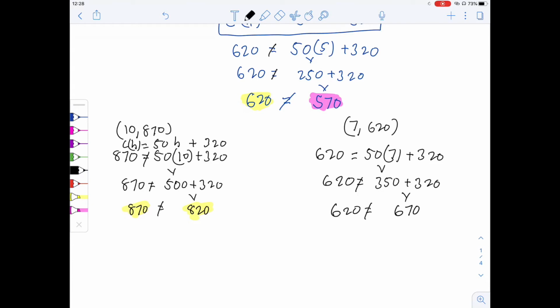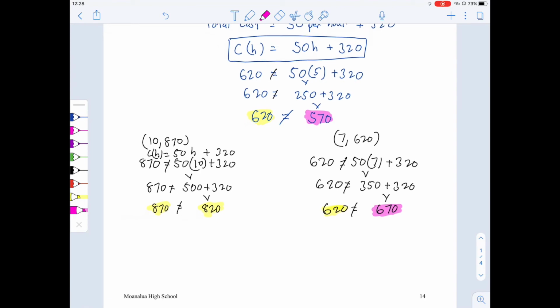That is not equal. So he's charging us 620, but he actually worked and it costs 670. So he's charging us less for this one. He's giving us a break, charging less than what it actually is. So the last one is a good one where we will take the deal.